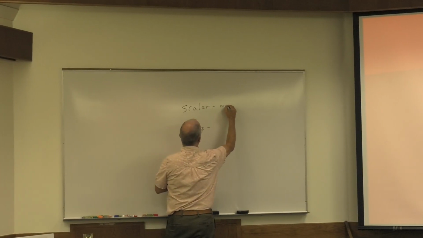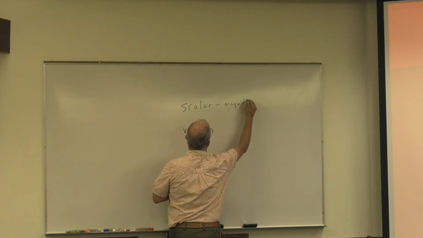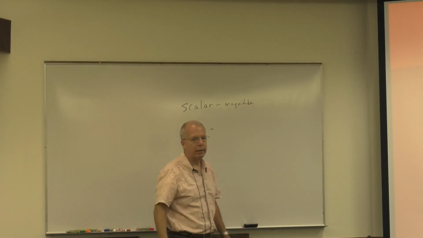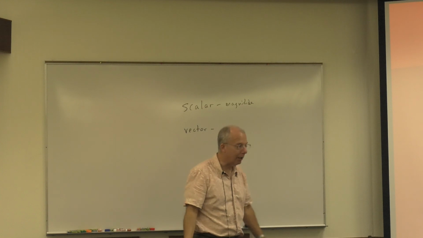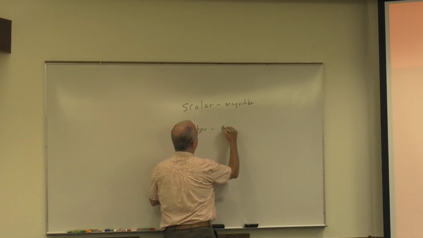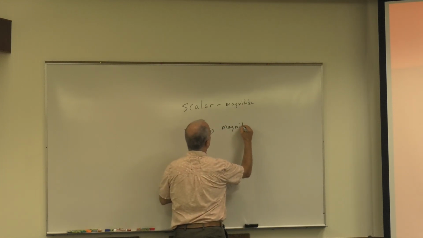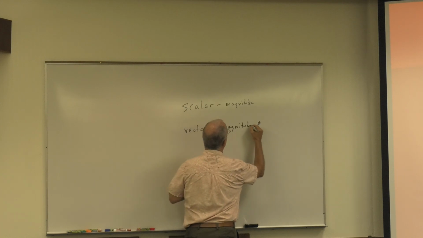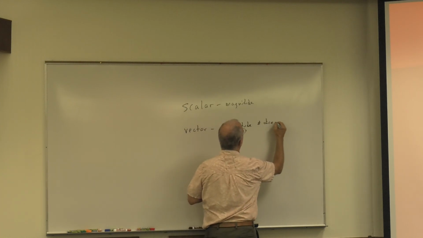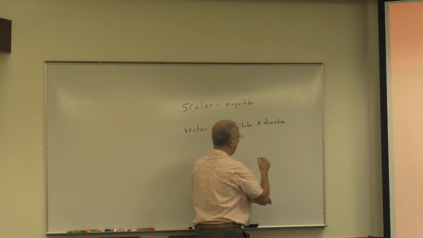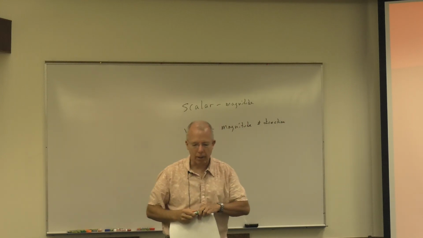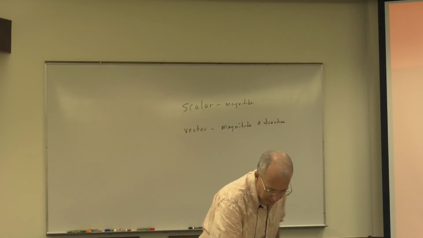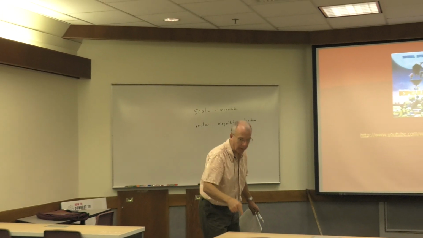Scalar is just magnitude. So, temperature, right? Temperature doesn't have a direction. A vector has magnitude and direction. Like a force, right? A force has a magnitude and a direction.